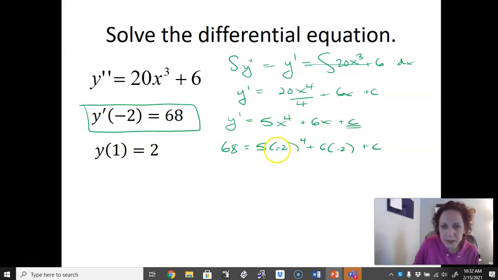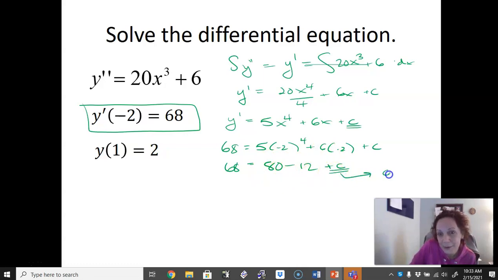So 16 times 5 is 80. Oh, look at that. So this is 80, and this is -12, which just happens to be 68. So little magic there. That c is 0.